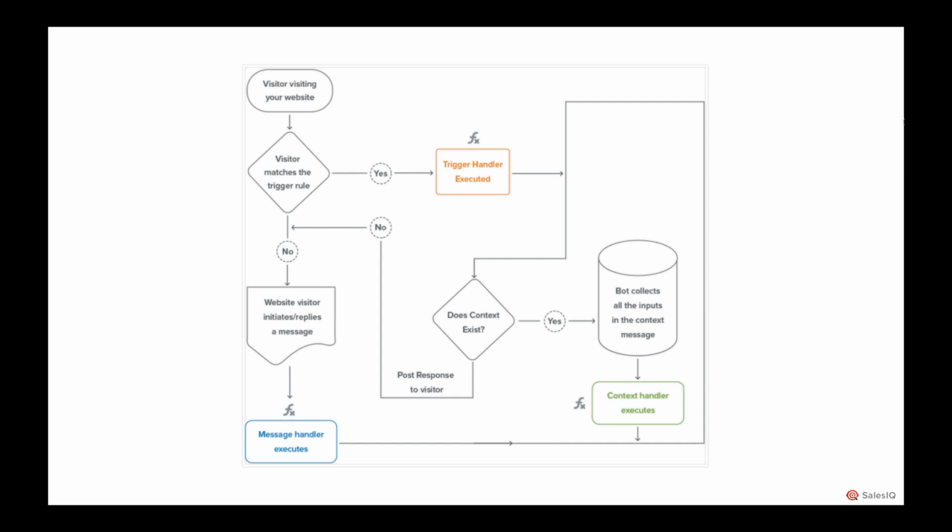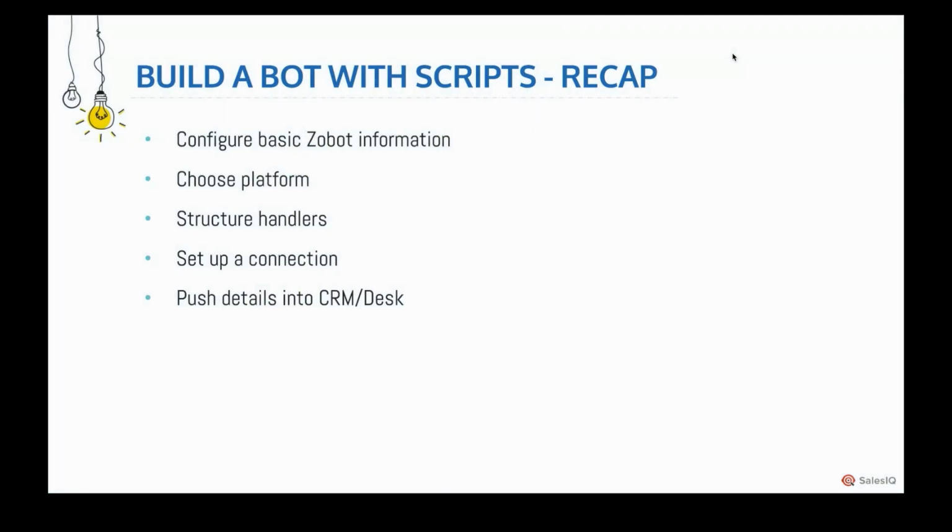It checks if the context in the message exists, and if it does, it will collect all of the inputs that it can find inside the message. Otherwise, it will start looking for another message that will match the existing context. Once the message handler is successfully executed, the context handler executes. So this is invoked after collecting all of the necessary inputs for one particular context. So, all right, that's how the basic flow goes.